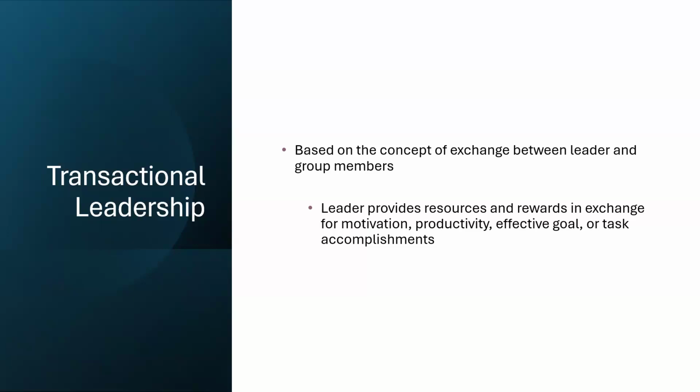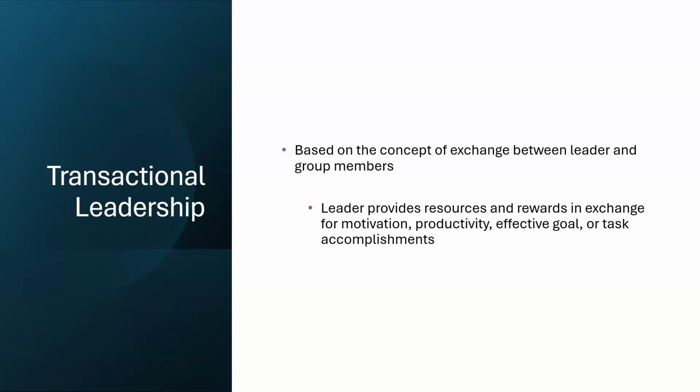The transactional leader is saying, I'm giving you the resources, do the work, and I'll reward you based on your performance. That's what the transactional leader would do, unlike the transformational leader.